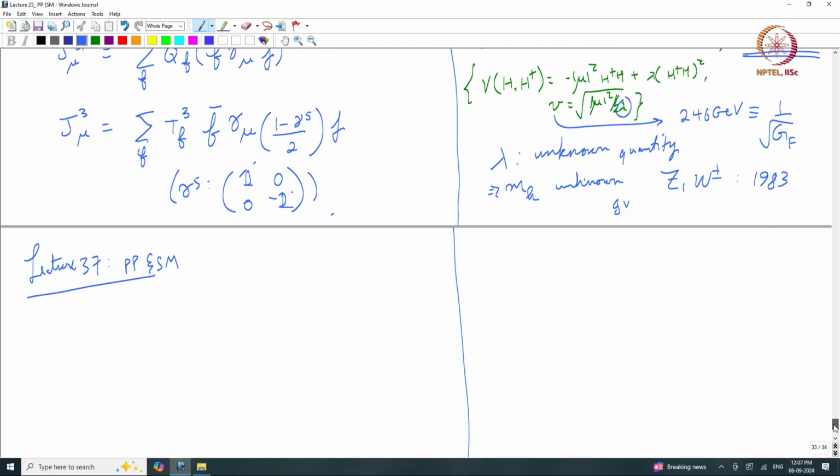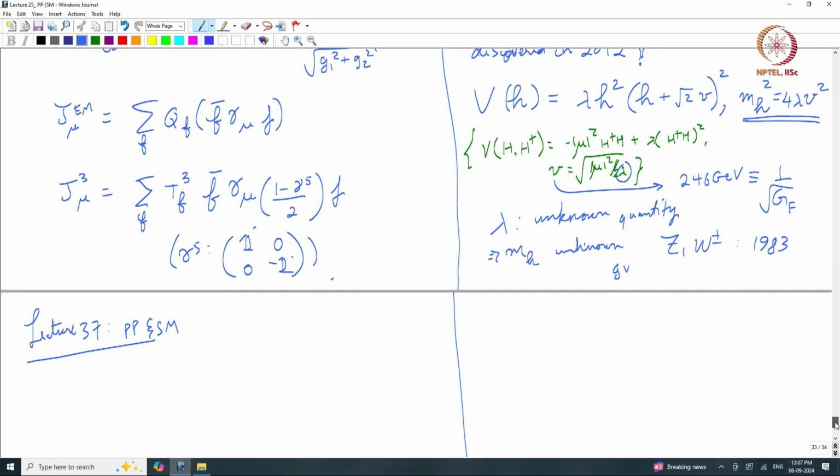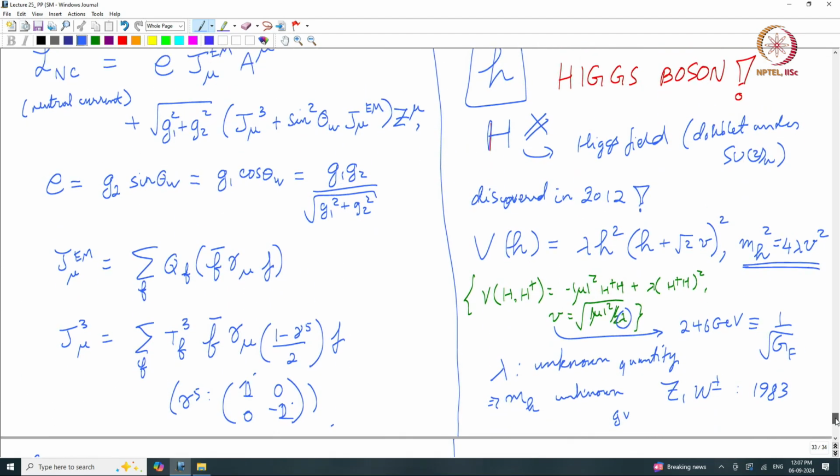And finally, we identified this piece which we wrote down as a fluctuation around the vacuum expectation value. That little piece H was indeed what we call the Higgs boson itself, the Higgs boson that made all the news when it was discovered, and it is still making a lot of news. So the Higgs boson comes as not a Goldstone.